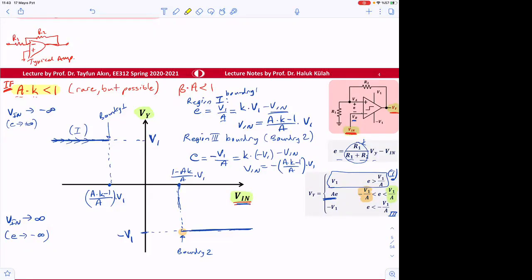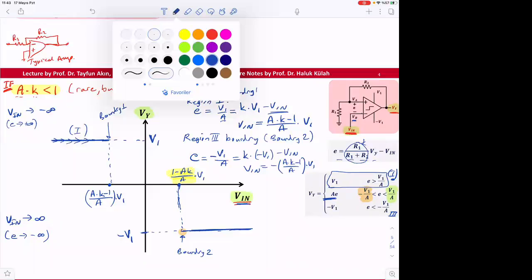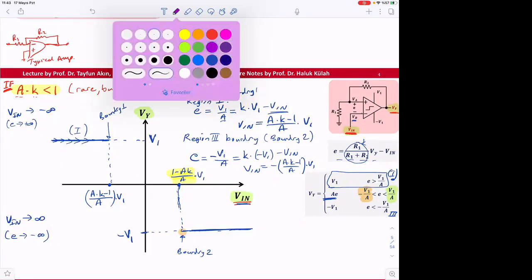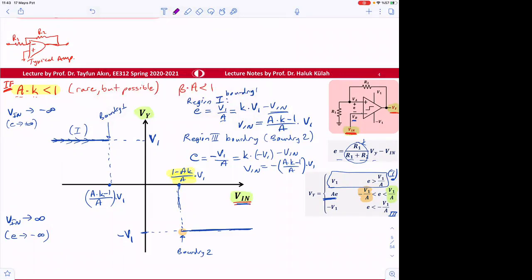So if AK is less than 1, then this is positive. Okay, that's the other boundary. What happens in between? In between the signal is actually linear. The signal is this much, A times E. Therefore, the signal is going to be like this.